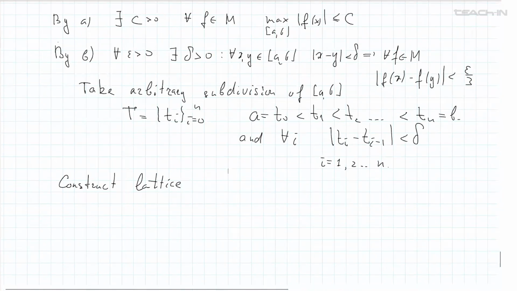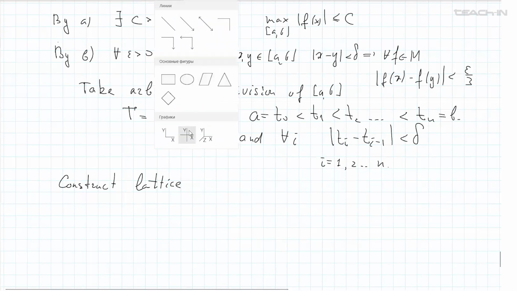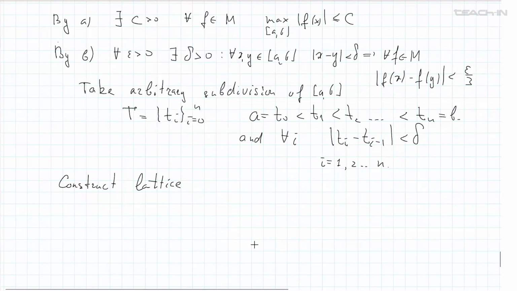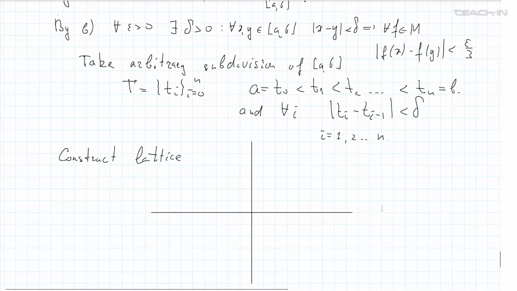This is the x-axis. This is the y-axis. Let AB be positive, it doesn't matter.